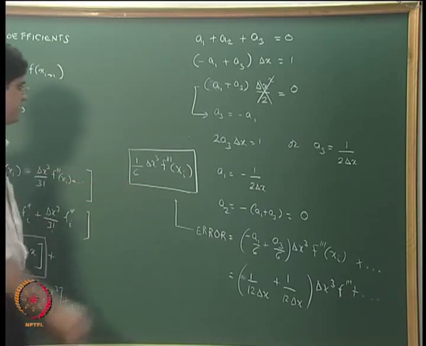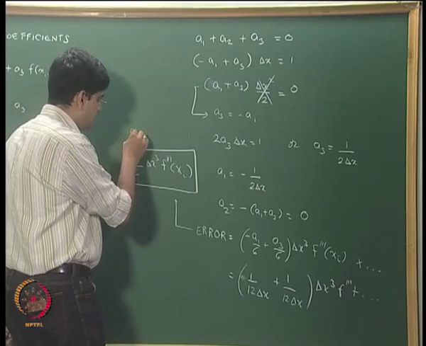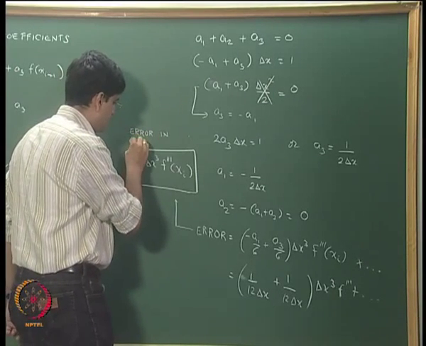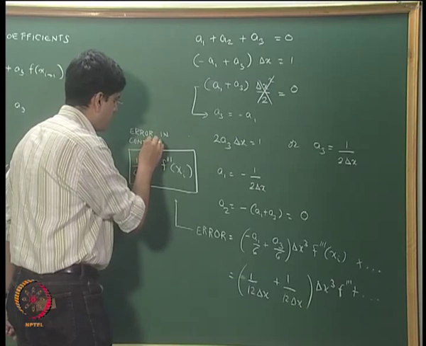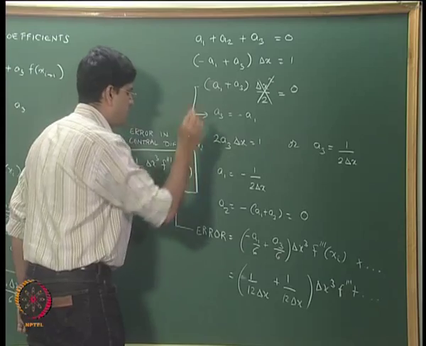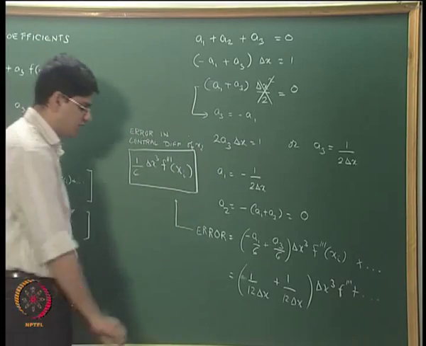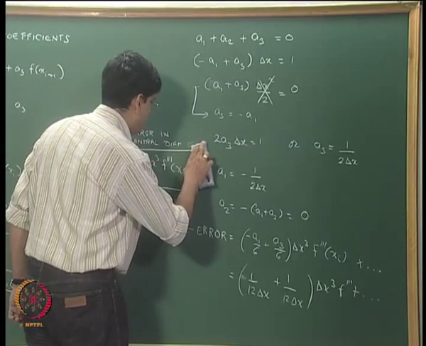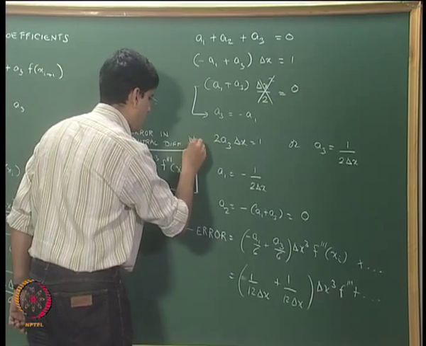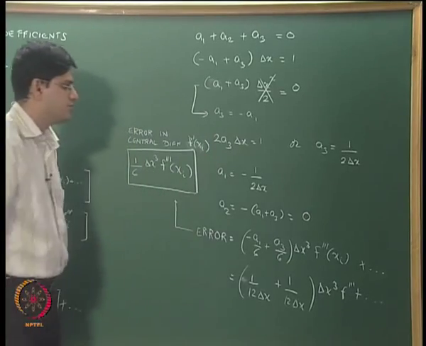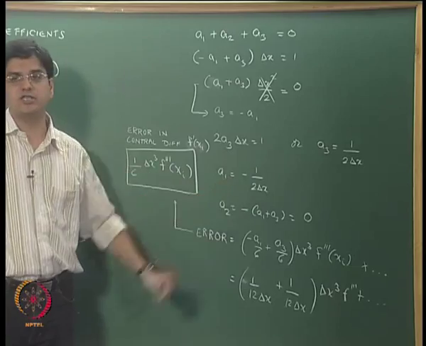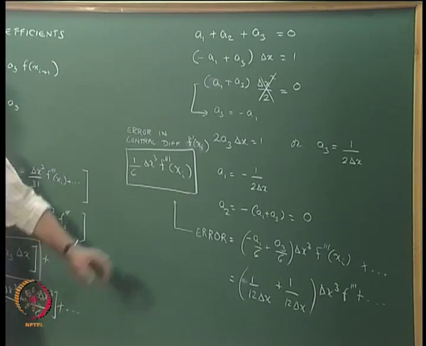So this is the error in central difference of f central difference f dash of xi. Okay. So this is the overall derivation using the method of undetermined coefficients.